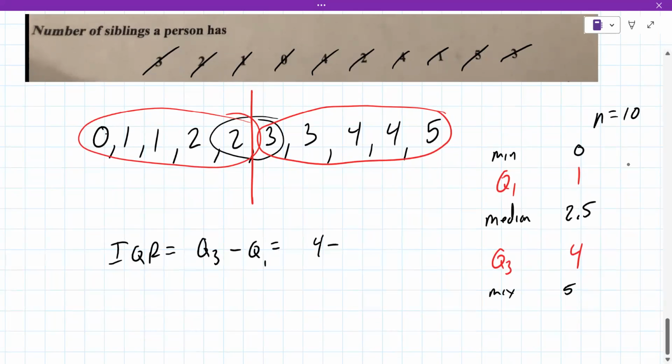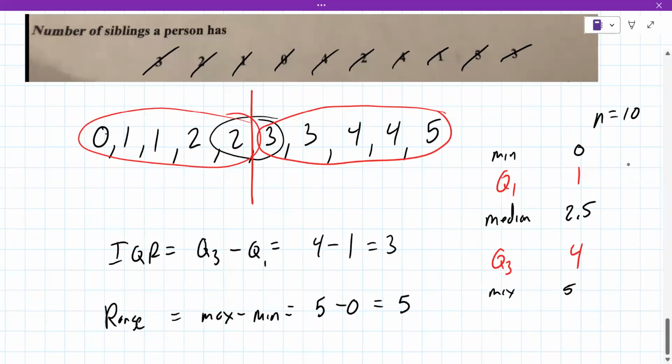So 4 minus 1. The range is the max minus the min. Notice all of this comes from the 5-number summary. There's a reason we do this first, because we get a lot of other stuff from it.